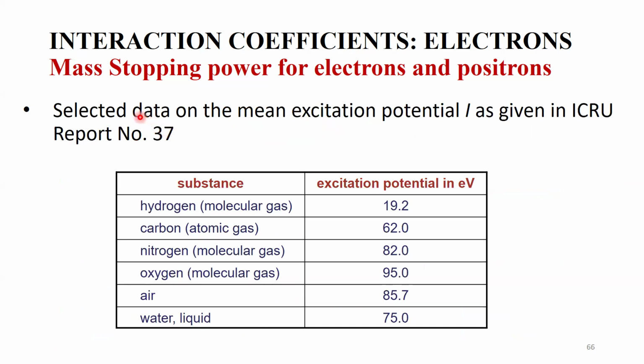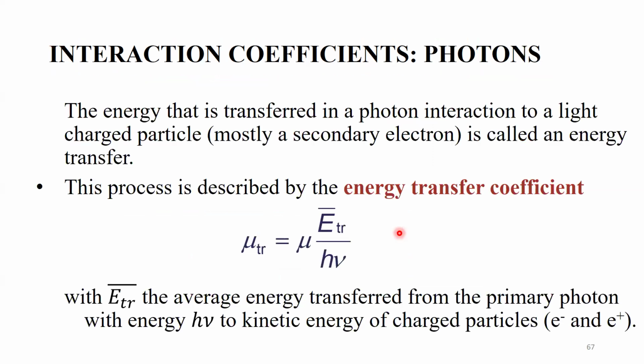We have here, for example, selected data on the mean excitation potential I, as given in ICRU report, for hydrogen, carbon, nitrogen, oxygen, air, water, liquid. So we have different excitation potentials. The values are in electron volts. This is concerning the interaction coefficients for electrons. So electron interactions. Now I have another point, which is the photon interaction.